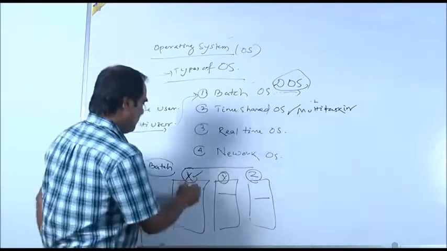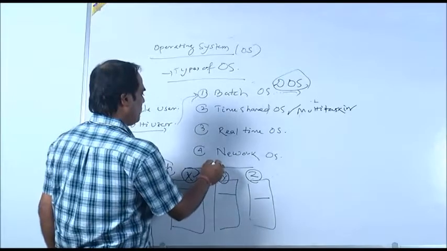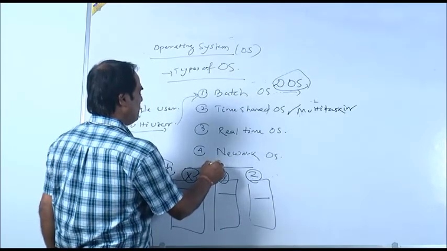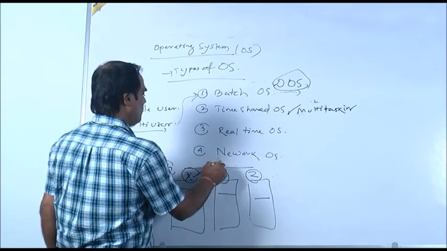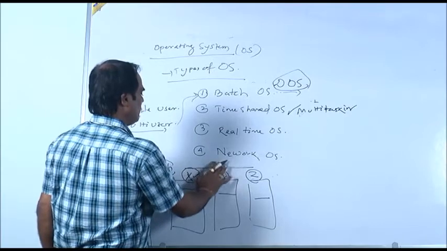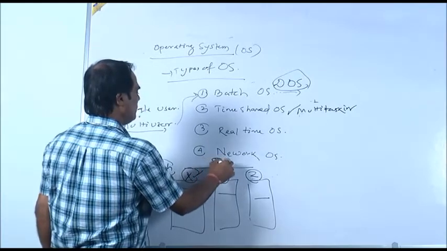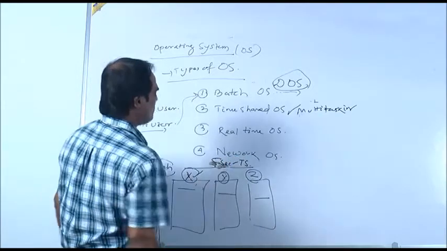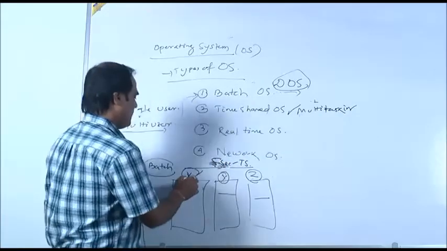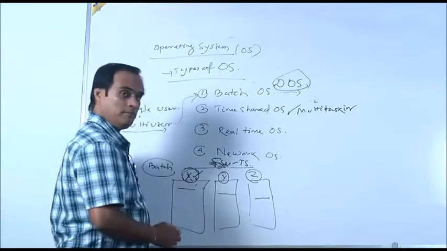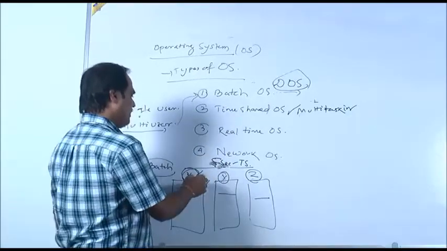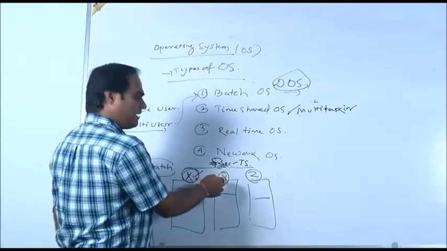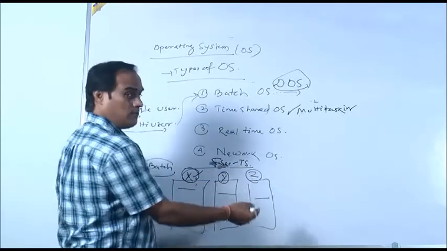Time shared means, for x, let me give one time slice of 5 seconds. X will execute for 5 seconds, then after 5 seconds y will execute, then after 5 milliseconds z will execute.